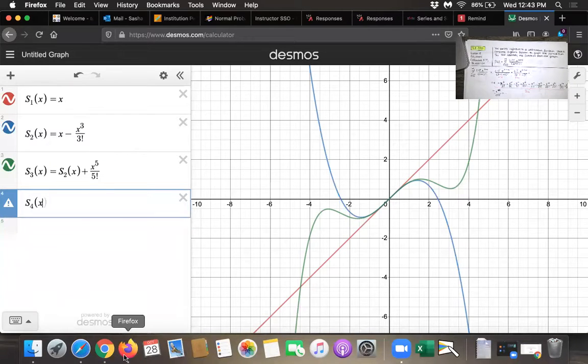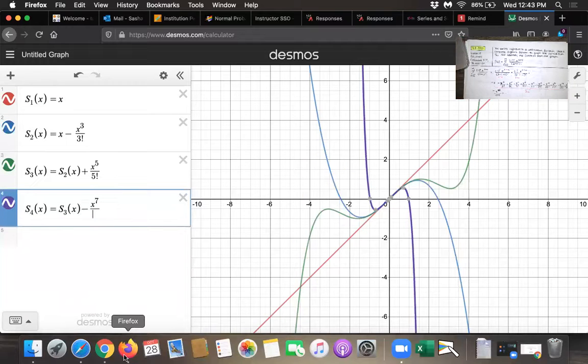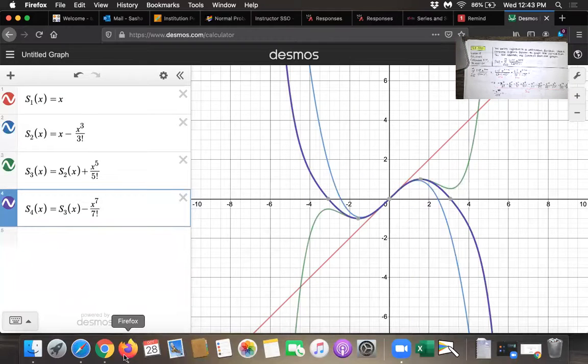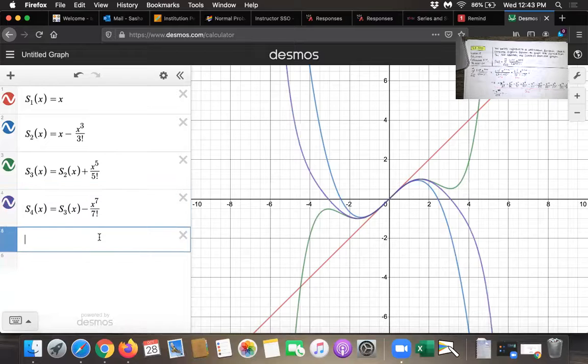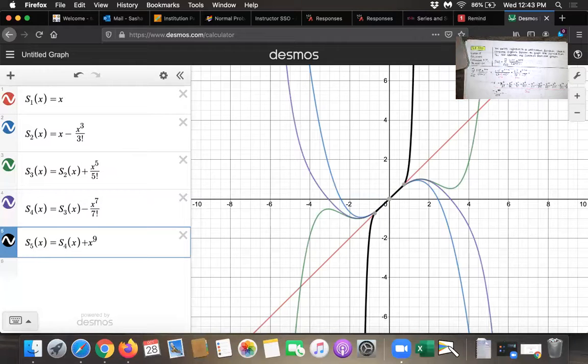S sub 4 is that last partial sum plus the next term, which is negative x to the 7th over 7 factorial. S sub 5 gives us s sub 4 plus x to the 9th over 9 factorial.